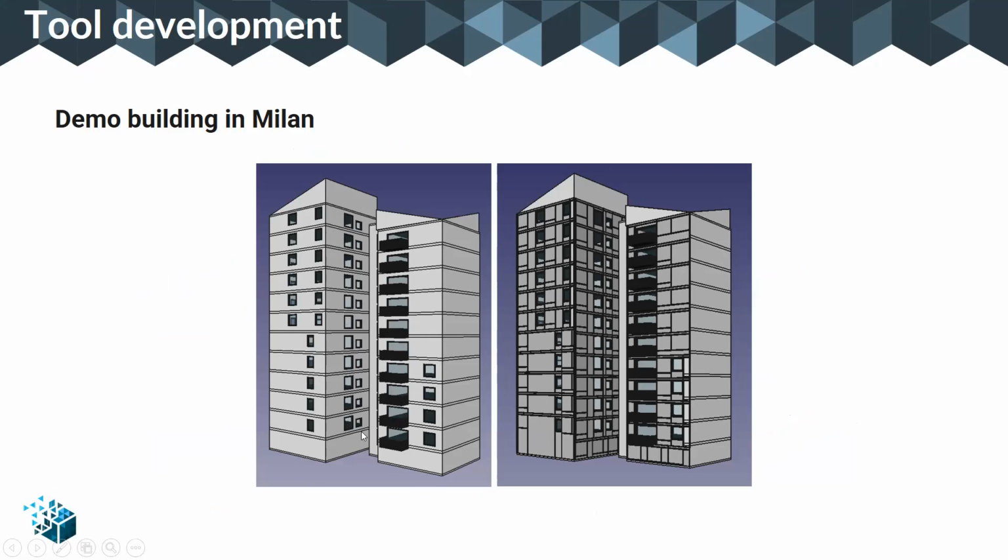For instance, this is the level of detail we can generate. This is the building model, and on top we can automatically generate the shape of the solar panels. I didn't say it before, the solar panels are standardized. They have certain sizes.